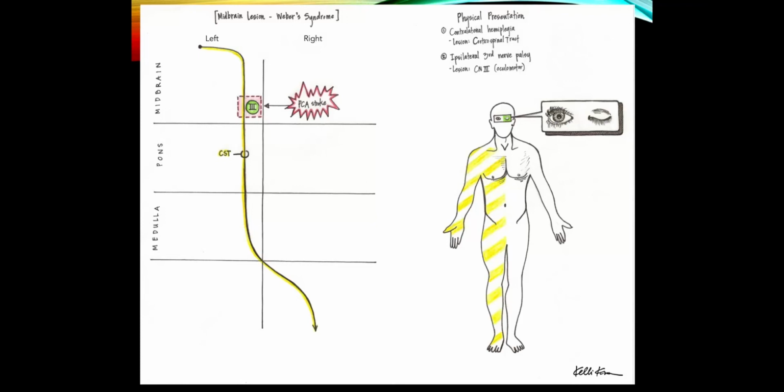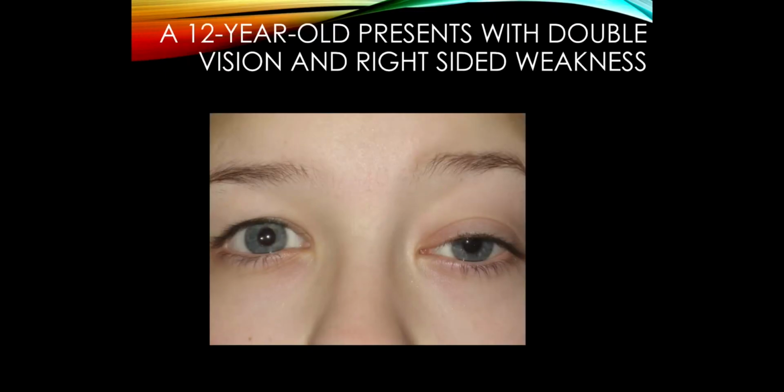So if we know that we've localized the lesion to the brainstem, maybe it's lateral medullary syndrome or Weber's syndrome, then we really want to get an MRI soon to visualize the area. So in other examples I can give, it makes a difference what you're going to do for that patient in the acute setting.